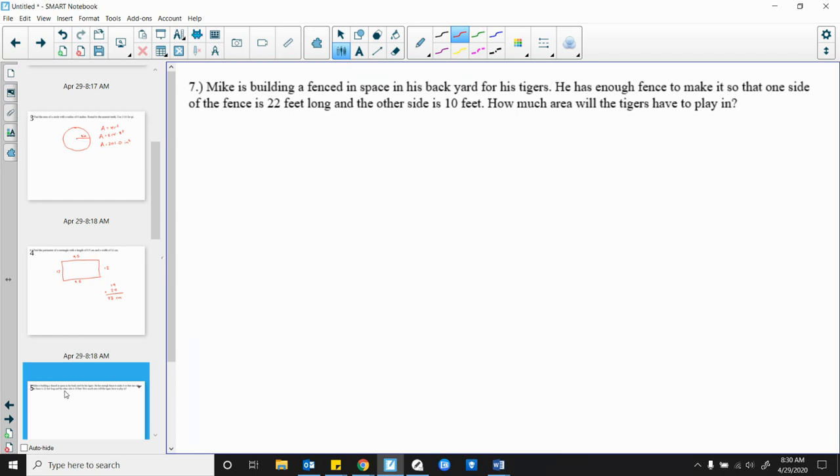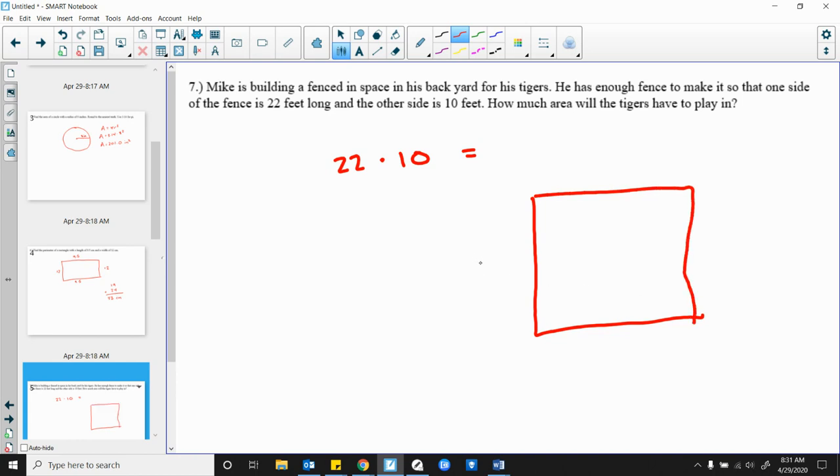Well, if I know that one side is 22 and another side is 10 and I need to find area, I'm just going to take 22 times 10. Because you can imagine, here's my tiger cage. If one's 22 and one's 10, to find area, I just do length times width.